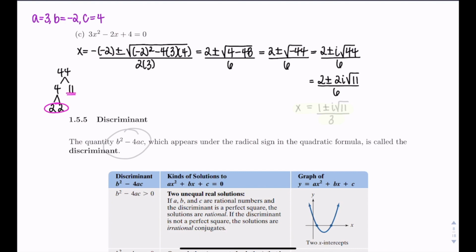And same as the last one, between a 2 and a 6, I can pull a 2 out of all 3 of those pieces. And so we get 1 plus or minus i, square root of 11, all over 3. And that's our final answer.